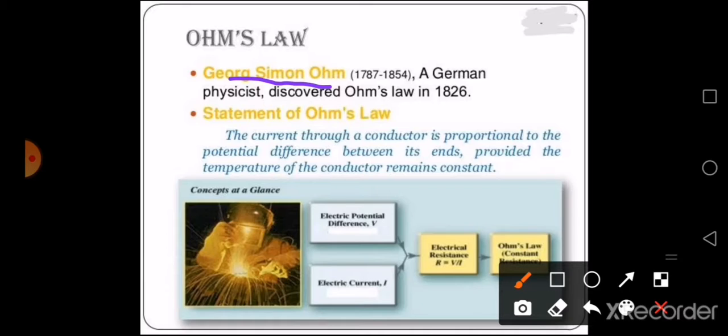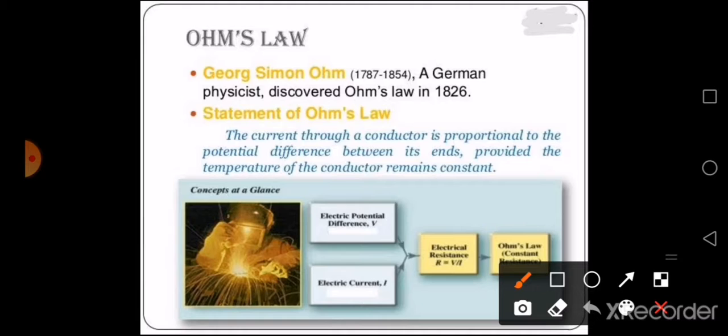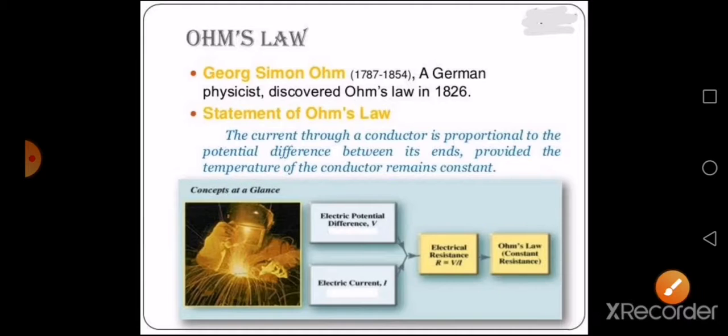The current through a conductor is proportional to the potential difference between its ends, provided the temperature of the conductor remains the same or constant. Here you have to note one thing, this law is suitable only if the temperature remains constant.